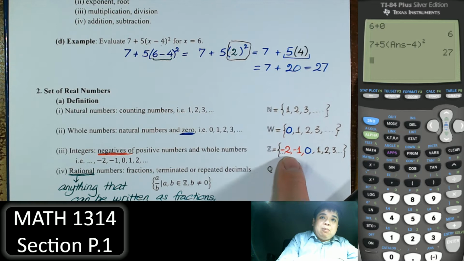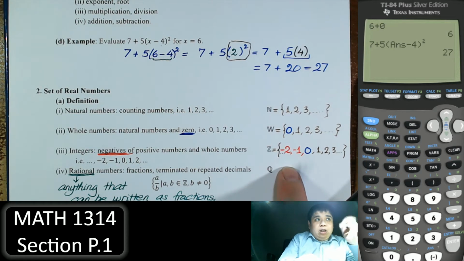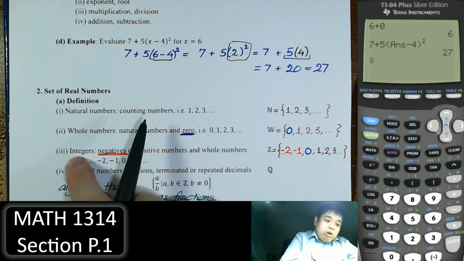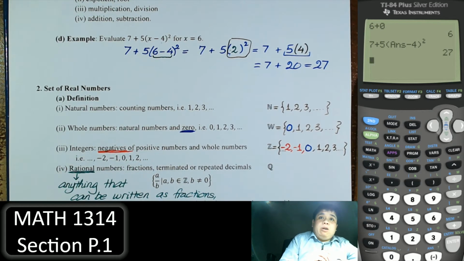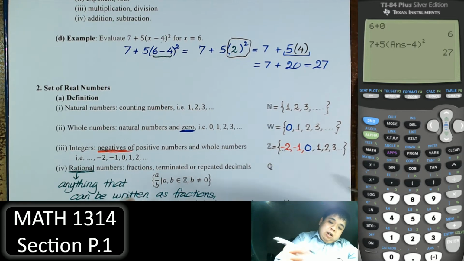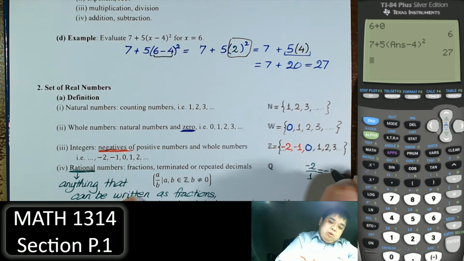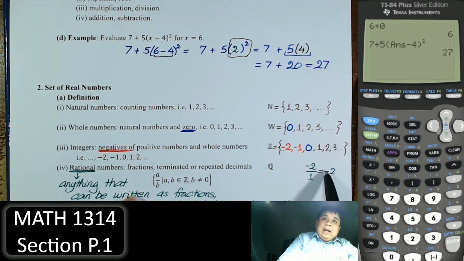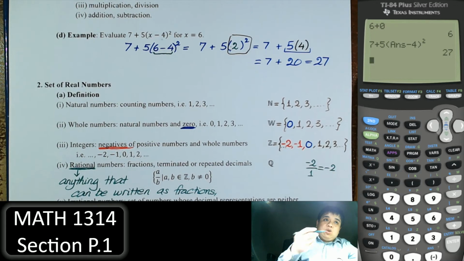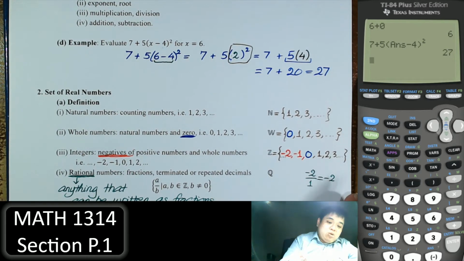We just divide by 1 and it will be itself. By dividing by 1 we create a fraction. So yes, all the integers are also fractions, right? Because negative 2, we can just say negative 2 divided by 1, it's just negative 2. So because negative 2 can be written as a fraction, it is called a rational number. It is also a rational number.